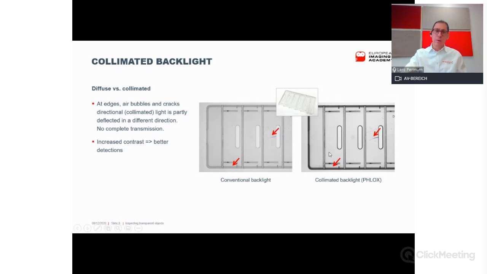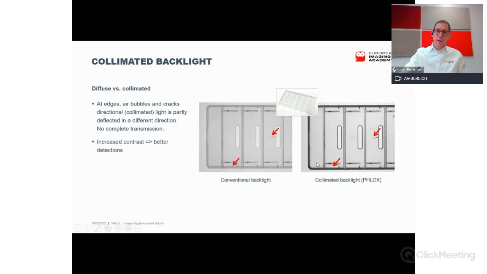But with the help of a collimated backlight, such features can be depicted with higher contrast, as you can see here on the right. Here, that is the crack. We see here some molding numbers from the tooling. And we see here also some dust and dirt, and also the outer contours much better.